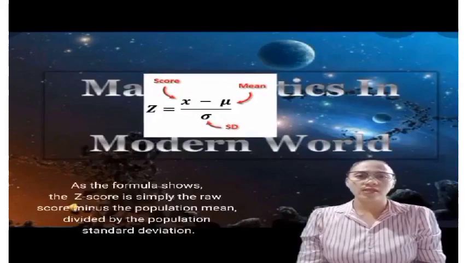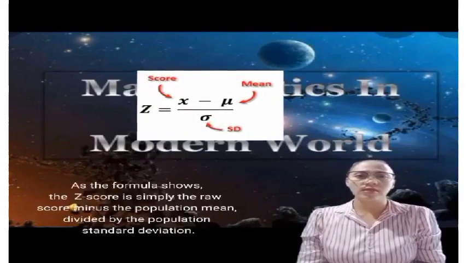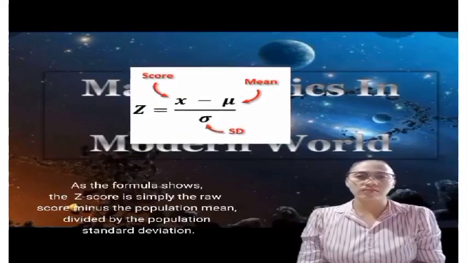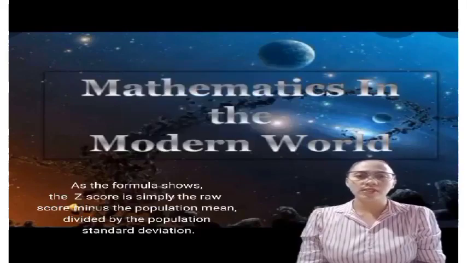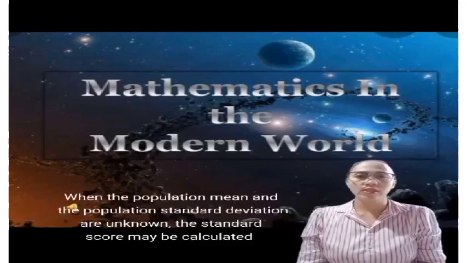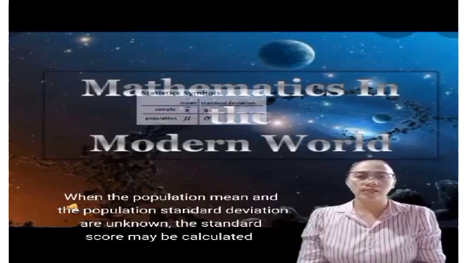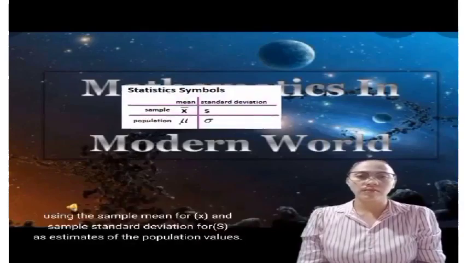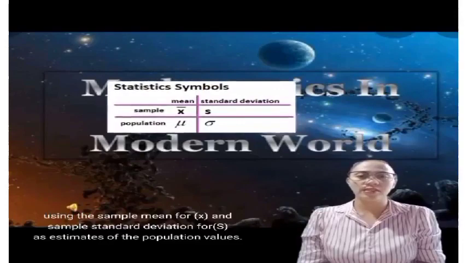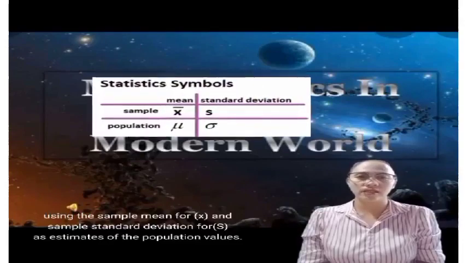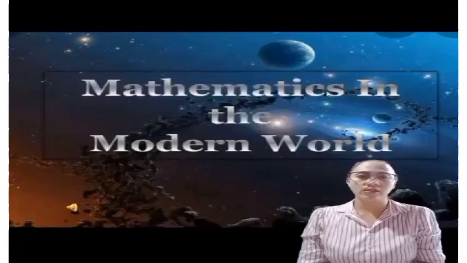As the formula shows, the Z-score is simply the raw score minus the population mean divided by the population standard deviation. When the population mean and the population standard deviation are unknown, the standard score may be calculated using the sample mean for X and the sample standard deviation for S as estimates of population values.